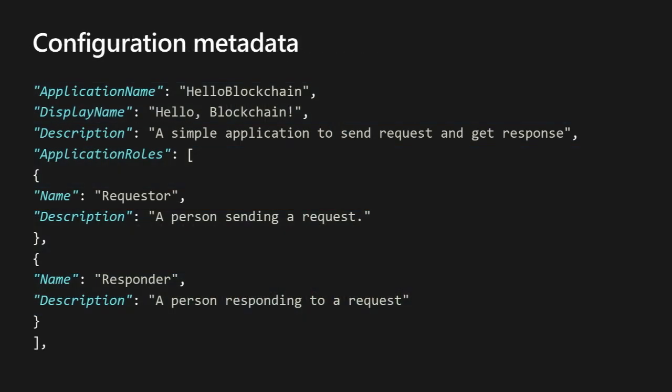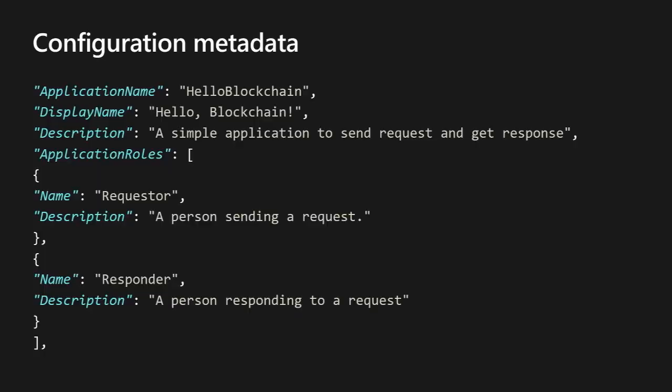Now, the configuration metadata is, as I said, a JSON file. There are a couple of important elements. Obviously, there's an application name, there's a display name. Those are just the things that you can see in the dashboard. But more importantly are the application roles.